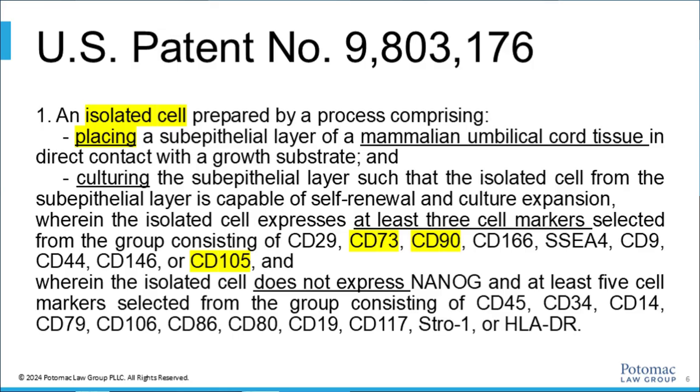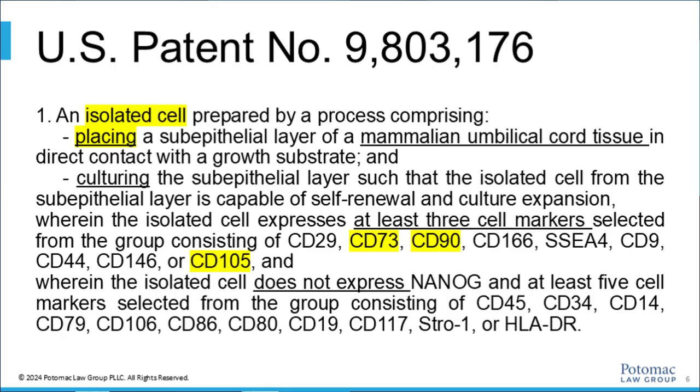We've got a placing step where we place a subepithelial layer of a mammalian umbilical cord tissue in direct contact with a growth substrate. And then there's a culturing step. So the subepithelial layer is cultured such that the isolated cell from the subepithelial layer is capable of self-renewal and culture expansion. Now we've got a couple of wherein clauses, which are important.